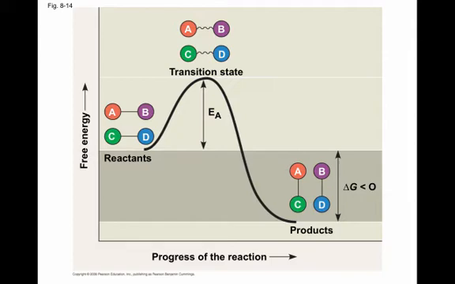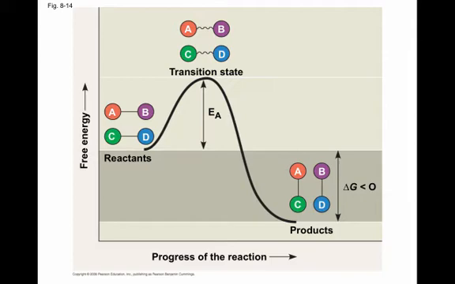When we're looking at our reactants, this diagram is showing us an exergonic reaction, right? Because our reactants have more energy than our products end up with. My delta G is negative, which we know is an indication of an exergonic reaction. And you can see the activation energy that is required to get the reactants to break apart, to convert.